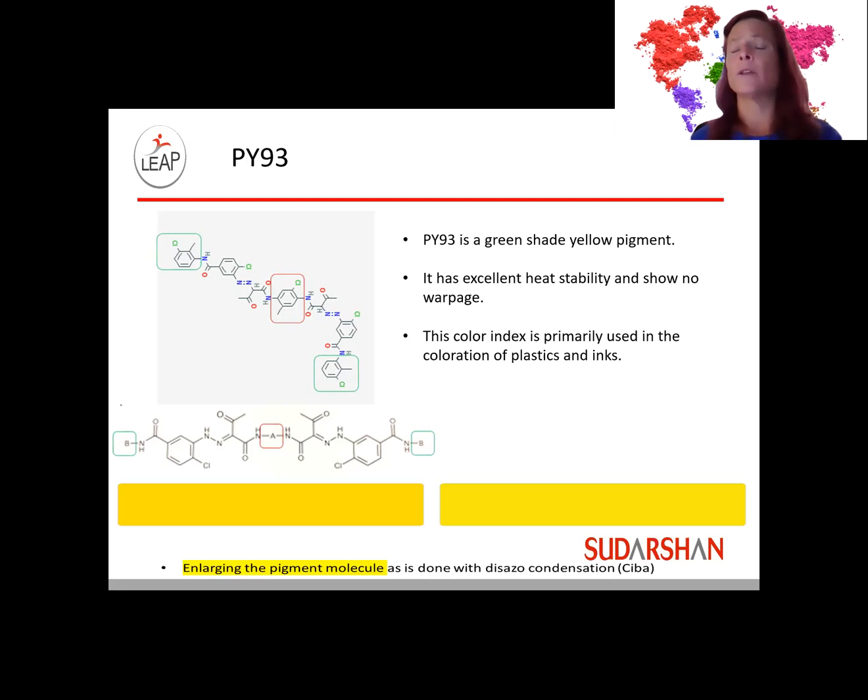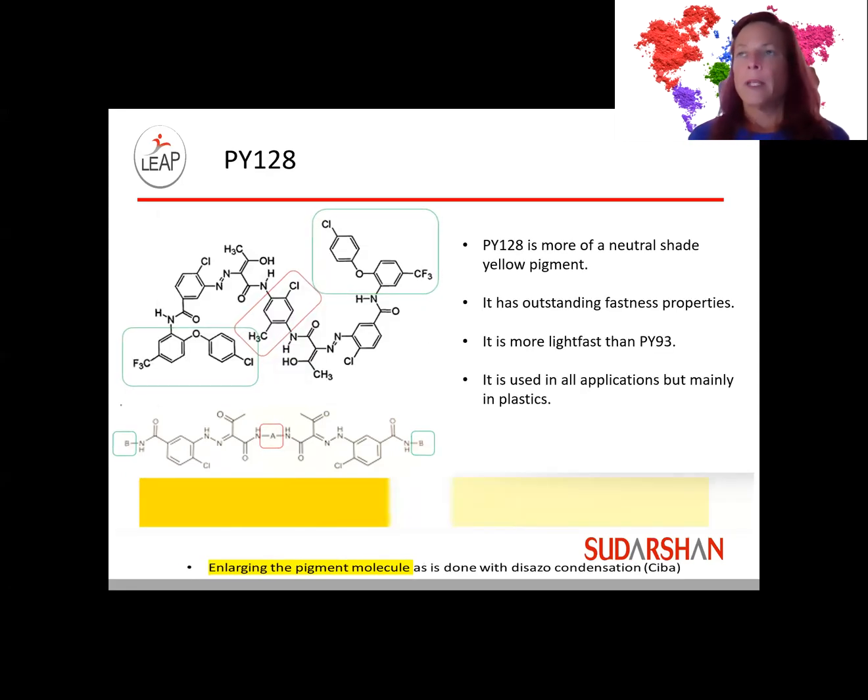And as I stated earlier, the intent of the disazo condensation class of pigments is to make the molecule large. So you can start to see how that is, depending on what the moieties are used in those disazo base and condensation bases in the A and the B location. The next yellow is the yellow 128.